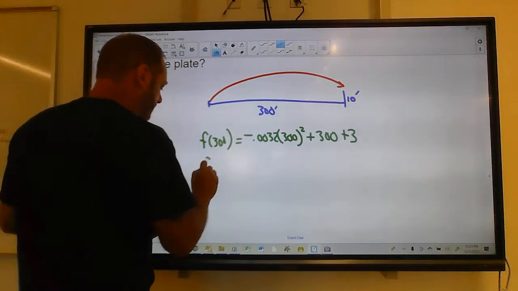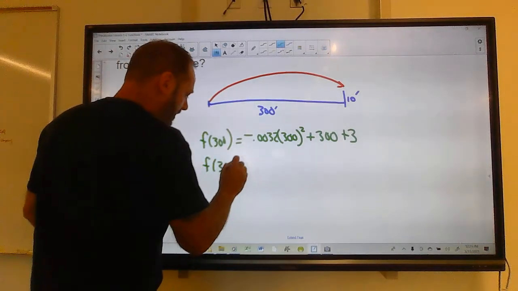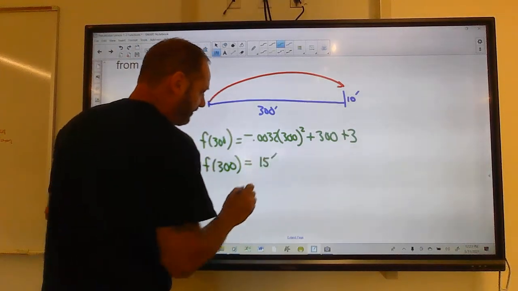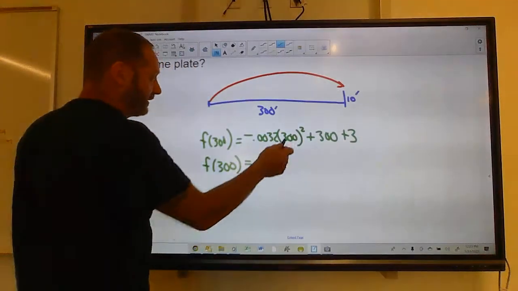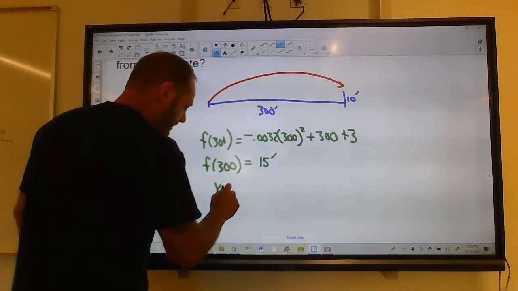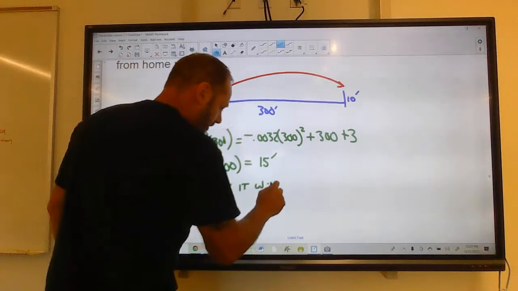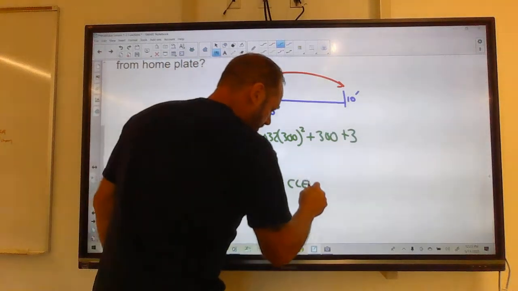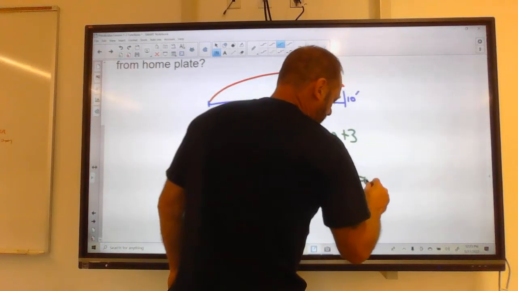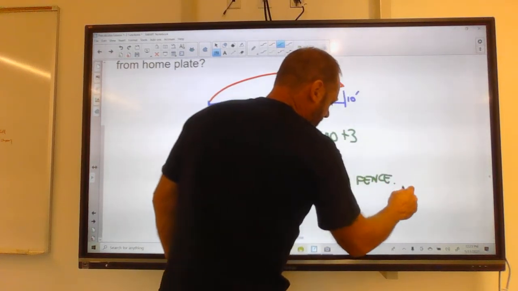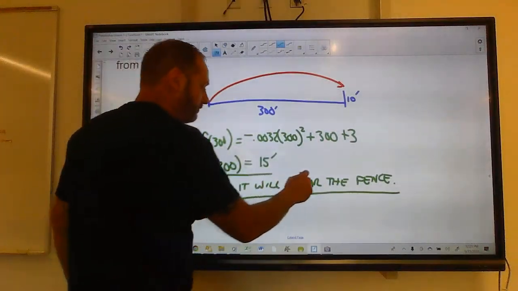And that comes out to be, f of 300 is 15 feet. So, yes, that's bigger than 10 feet. It's going to clear the fence, so yes, it will clear the fence. Unless that outfielder is a really good jumper, that's going to be a home run.